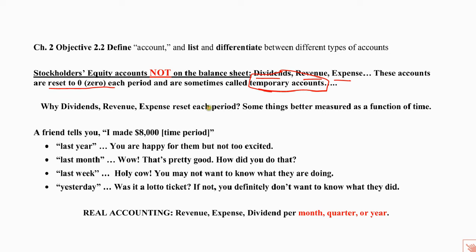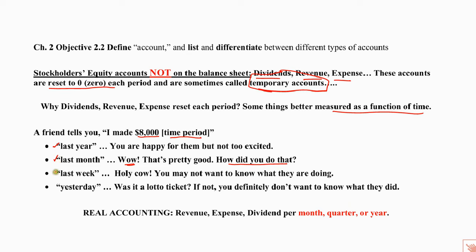Why do they reset each period? Well, some things you measure as a function of time. So let's say a friend tells you, I made 8,000 during some time period. Well, if they made 8,000 last year, you're like, I'm happy for you, but you're not really that excited. If they made 8,000 last month, you're like, whoa, you really want to know how they made 8,000 in a month?